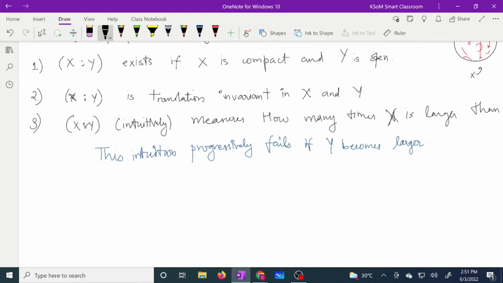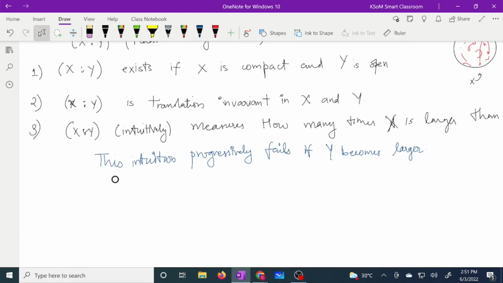The intuition progressively fails if y becomes larger, and also this intuition progressively succeeds if y becomes smaller.